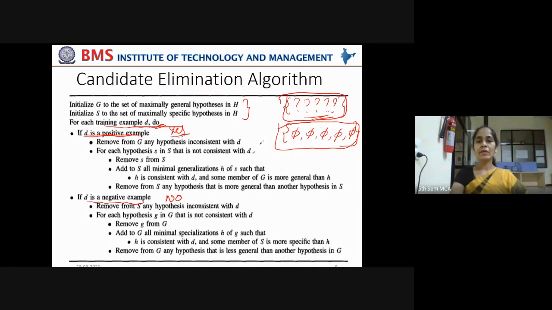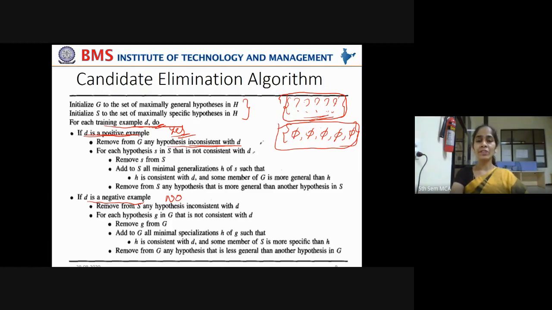If the target label is yes, then what has to be done? Remove from this general boundary set any hypothesis inconsistent with D. I'll explain when we are going through an example. Remove from G any hypothesis inconsistent with D. You come across a training example and you find a hypothesis inconsistent with it, remove it from G.